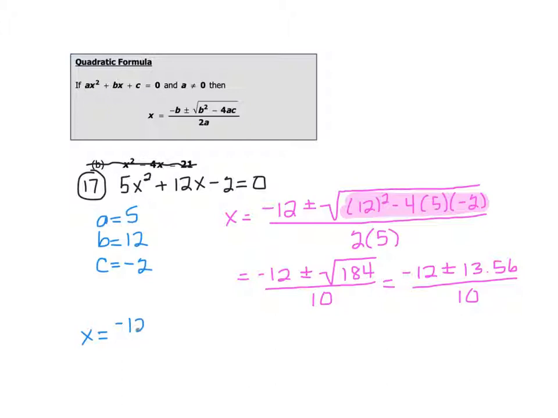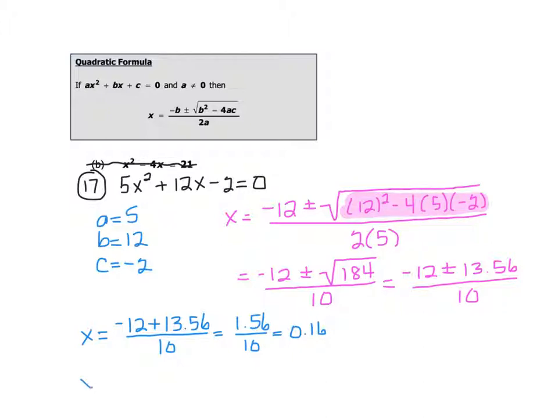So negative 12 plus 13.56 over 10. What you need to do first is just the numerator. So this is going to be 1.56 divided by 10, and I want 2 decimal places. So this ends up being 0.16. So there's one of my answers.